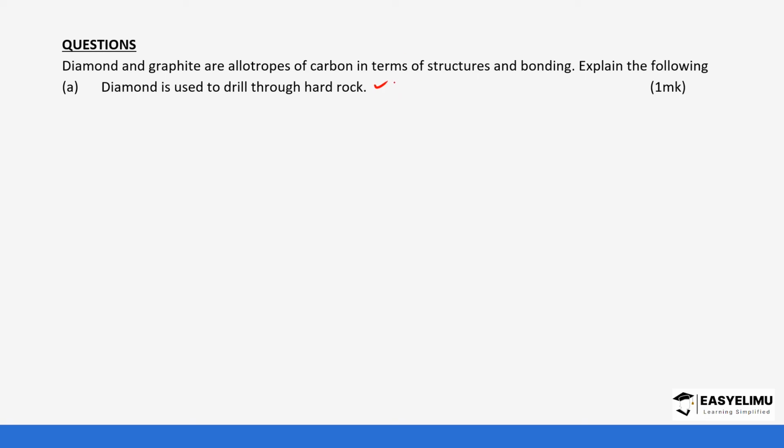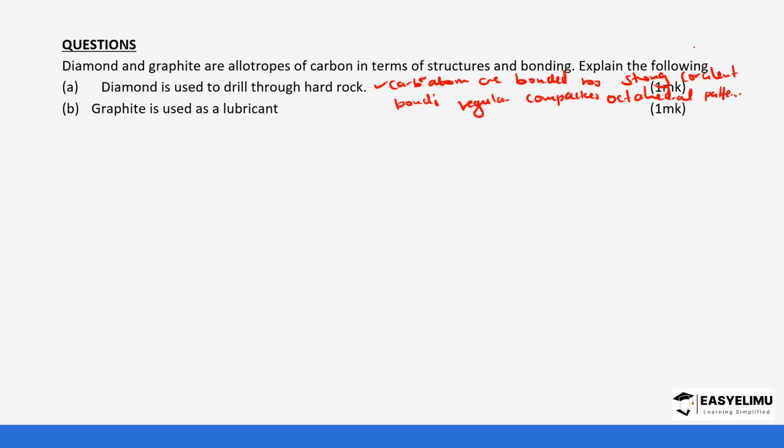Diamond is hard because the carbon atoms are bonded by strong covalent bonds, and they are arranged in a regular compacted octahedral pattern. It's compacted. That's the reason why you can't separate them.